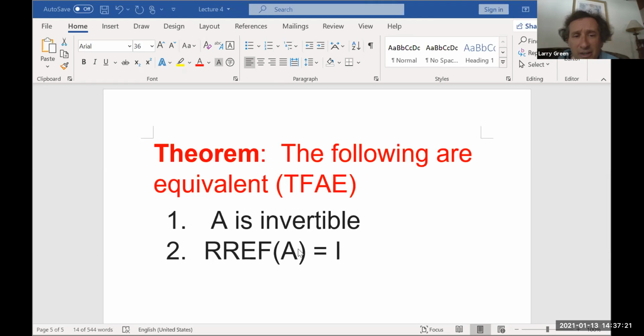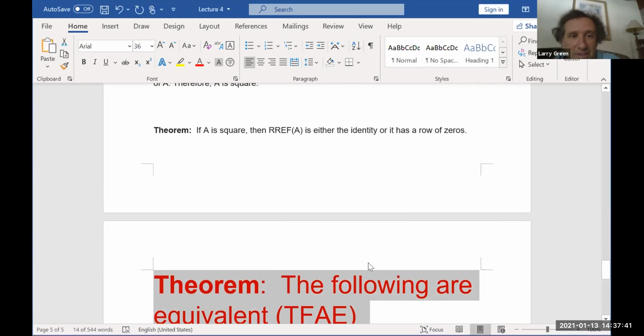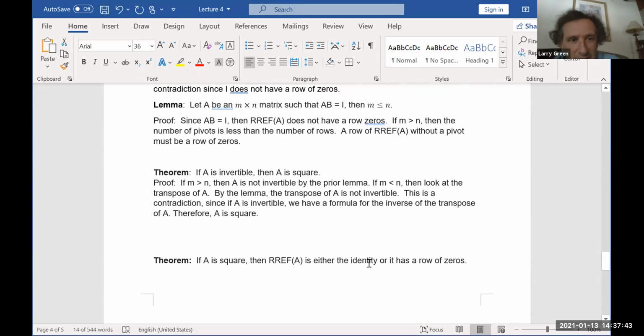Okay, so this theorem I already proved. That was just above it. Did you notice that? So if A is invertible, then AB is the identity. That's the definition, right? You can always use the definition. And if AB is the identity, then RREF of A is the identity, because that's what we just proved, up here somewhere.